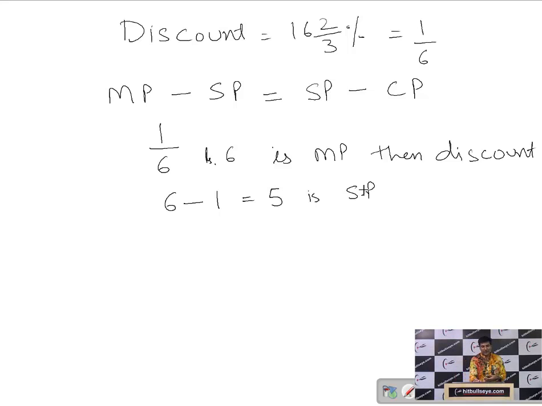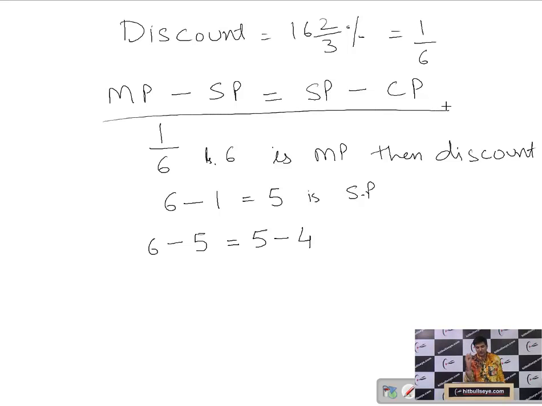Now mark price and selling price difference is 1. So 6 minus 5, which is 1, should be equal to selling price minus cost price. So this difference should remain same, which is 1. So my cost price must be rupees 4 in order to justify the basic format of the equation we have mentioned.